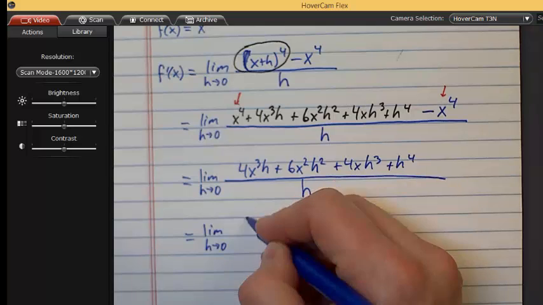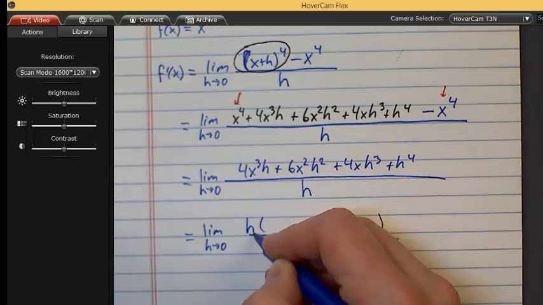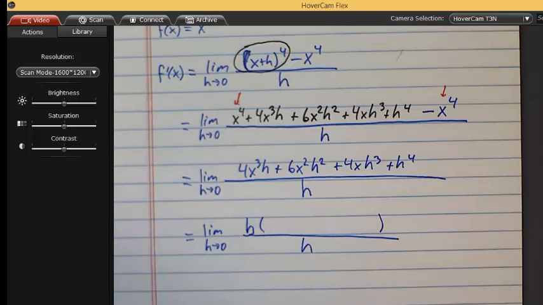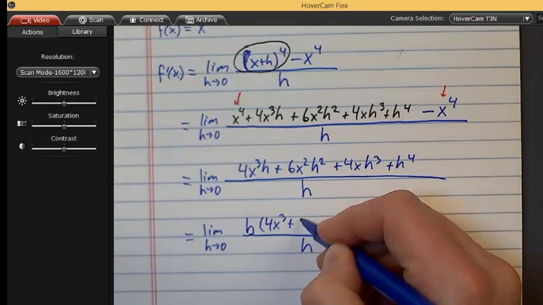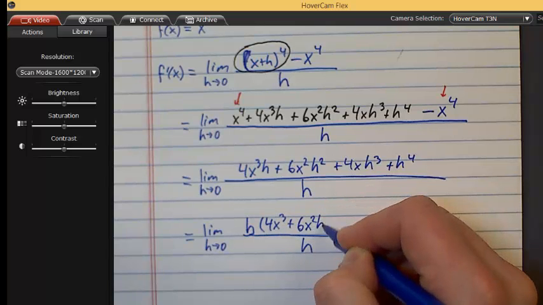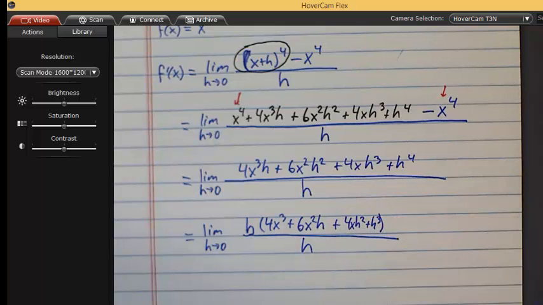I'll factor an h out of the numerator. And what's left then? 4x cubed plus 6x squared h plus 4xh squared plus h to the 3rd. Oh, I got a little sloppy there. Sorry about that. I'll clean it up on the next line.